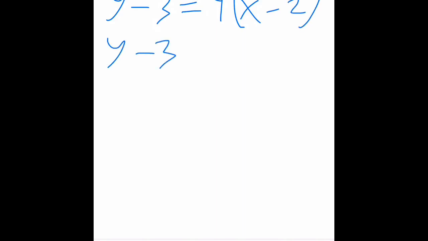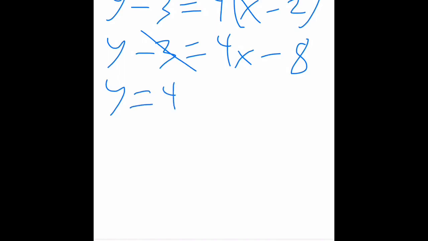Easy. Okay, let's say we have a point-slope equation like y minus 3 is equal to 4x minus 2. So we're going to distribute and then we're going to add that.